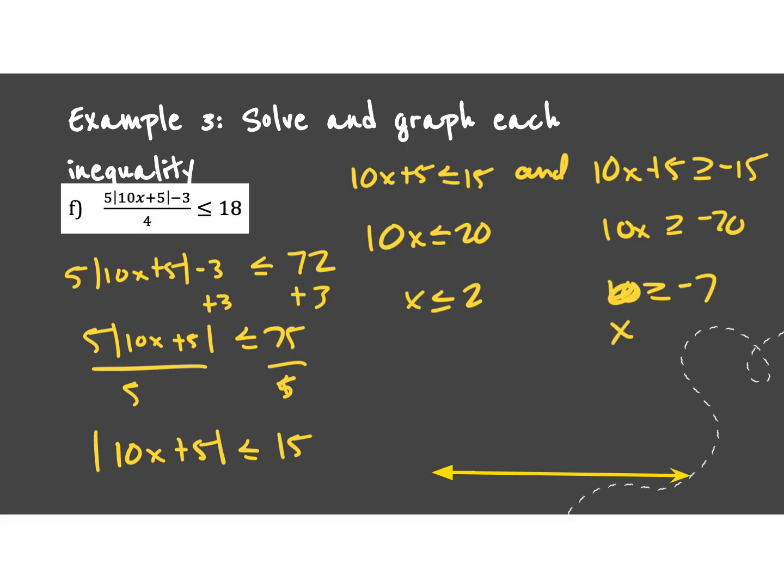That should just be x. So last step, 0, 1, 2, open circle back, 1, 2, 3, 4, 5, 6, 7, open circle forward. There's my answer.